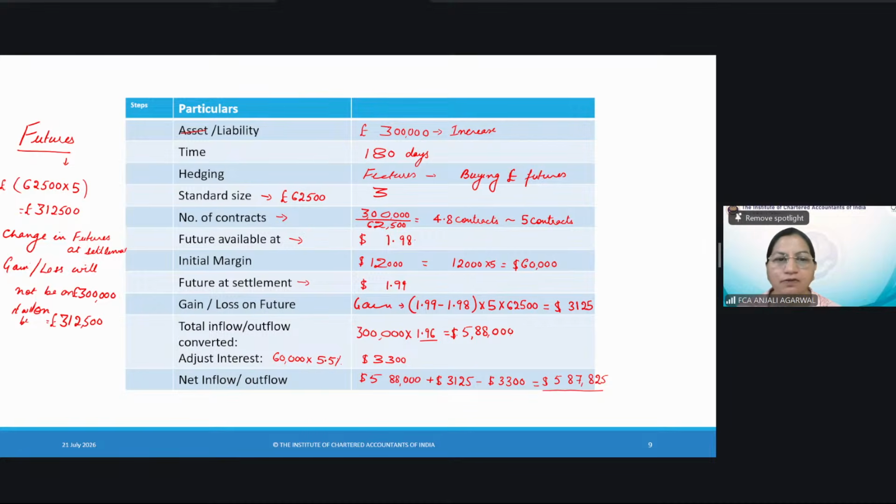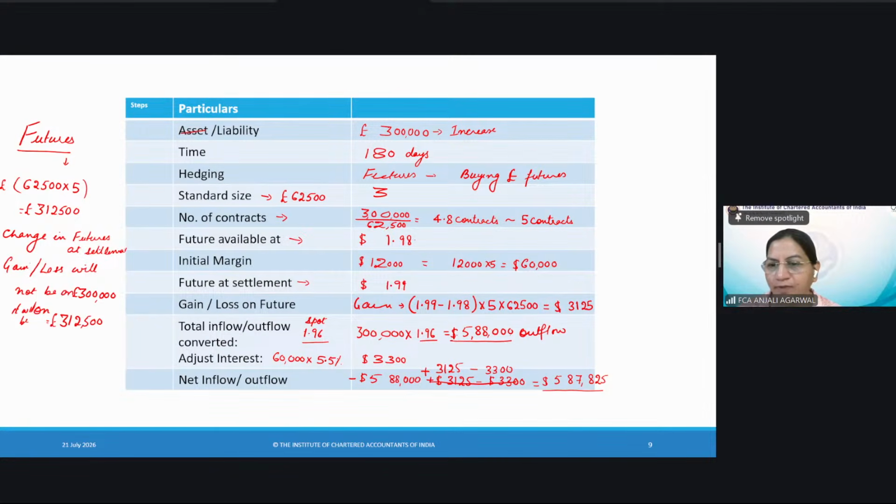And your foreign currency, you will buy from the spot market. Let's say spot is 1.96. So you bought the 300,000 pounds from the spot market at 1.96. This is your total dollar outflow, which is the same as had you been unhedged. From this, you subtract the futures gain, and add the interest cost.